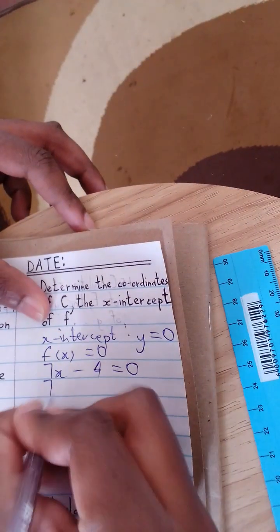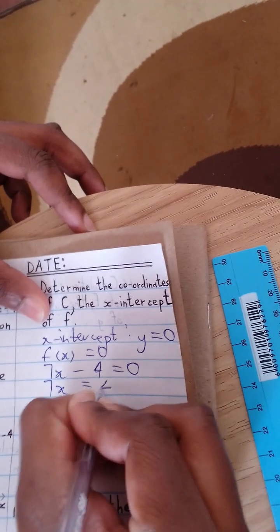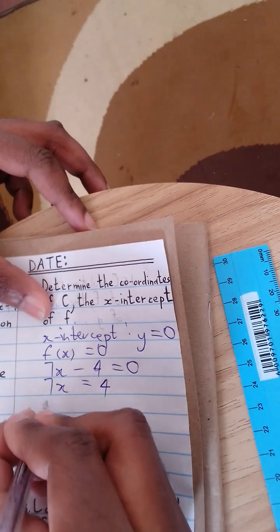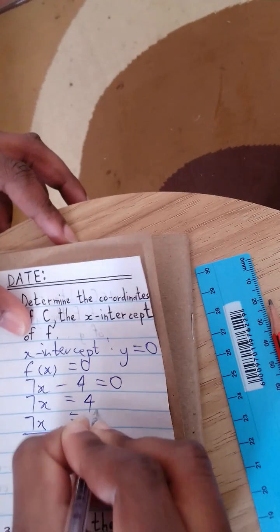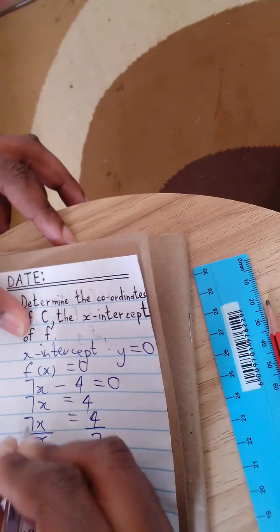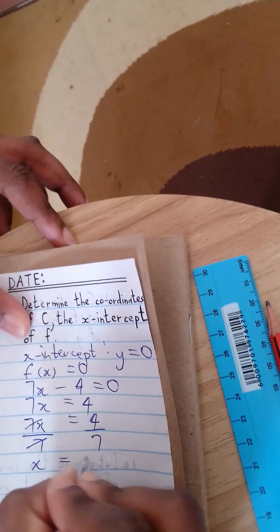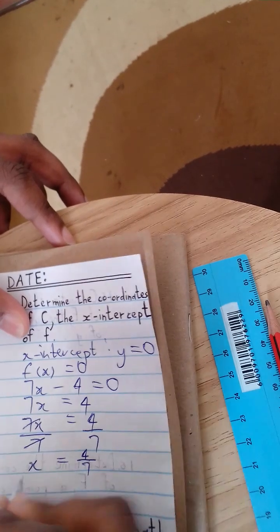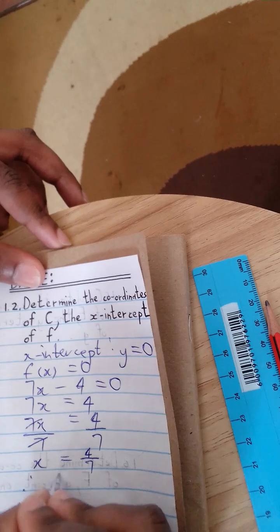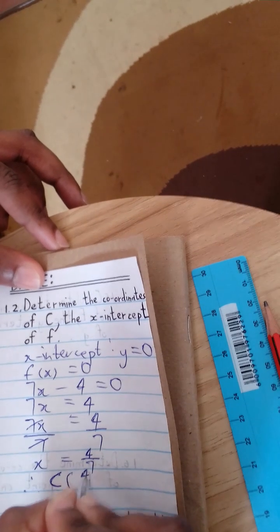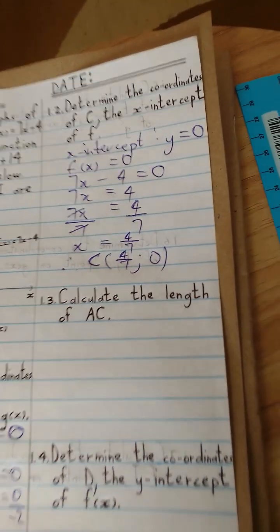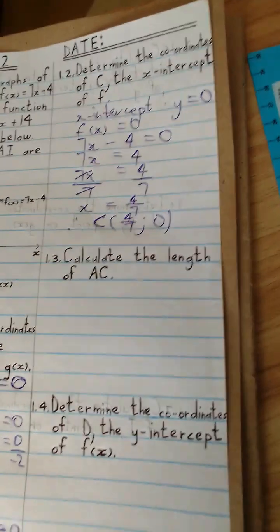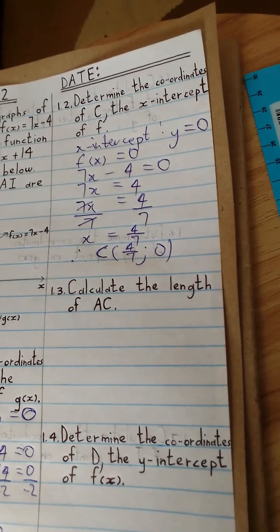Then you solve for x. 7x is equal to 4. When it goes to that side, it becomes positive. 7x over 7, 4 over 7. x is 4 over 7. C is (4 over 7, 0). We can write it as (0,57, 0), still fine.